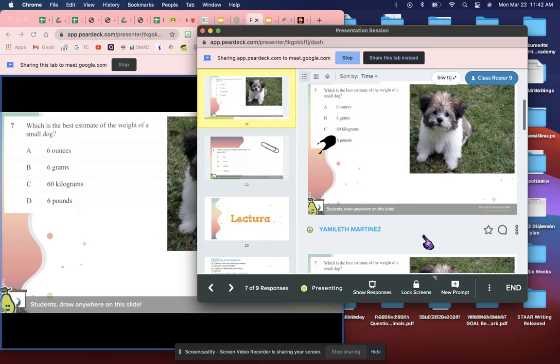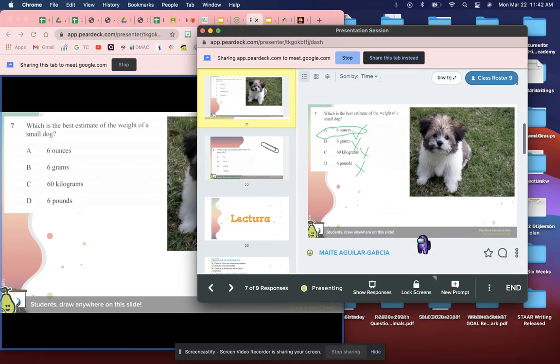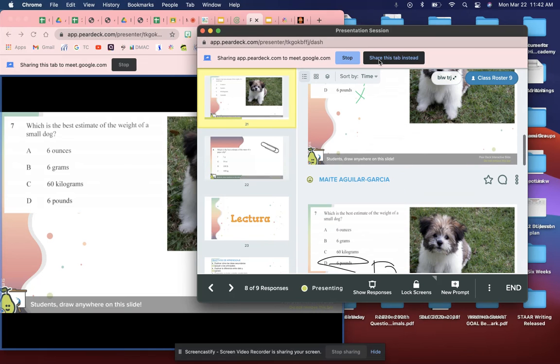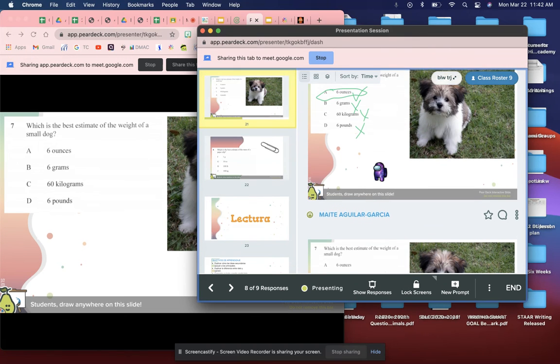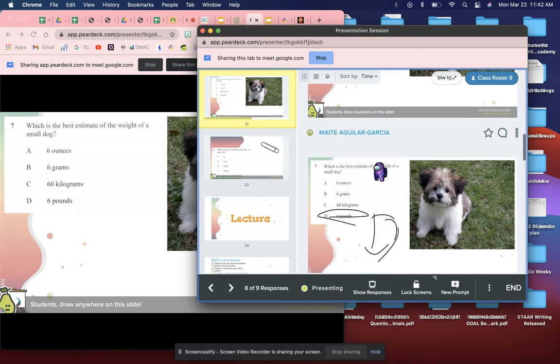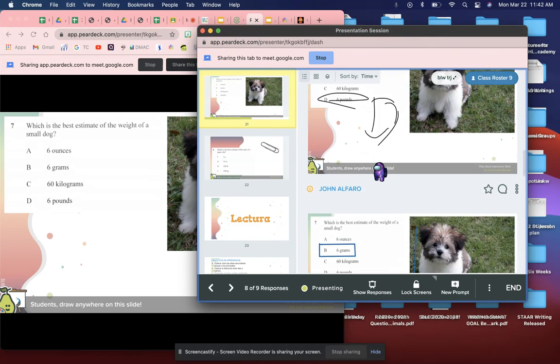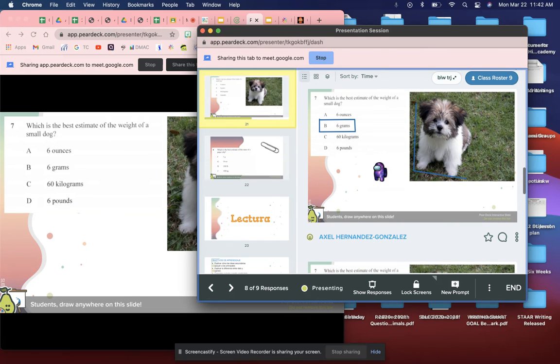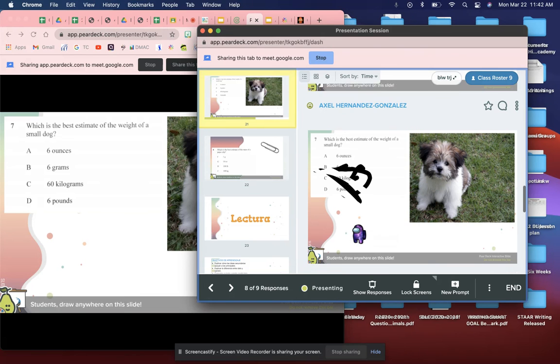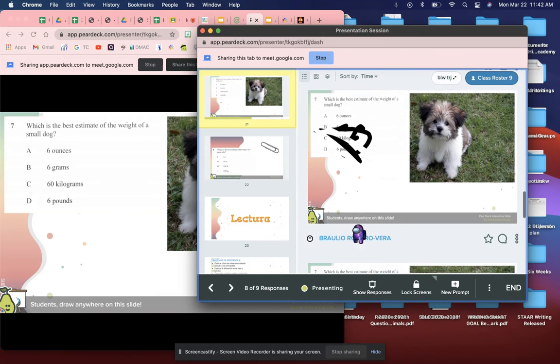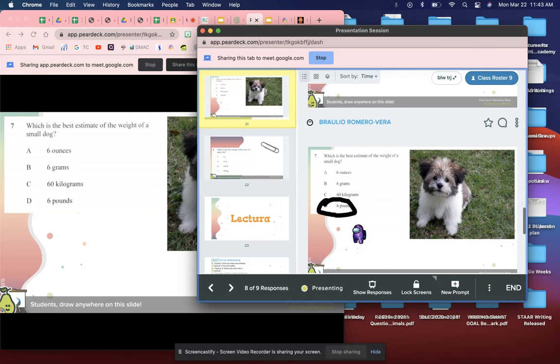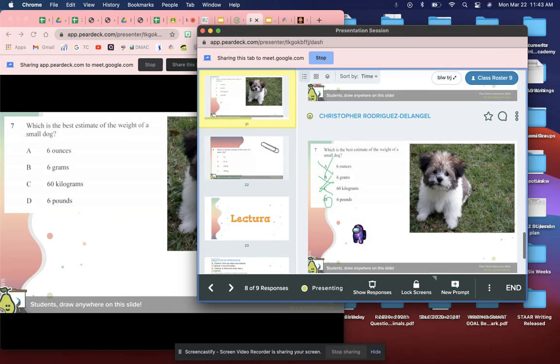Good job, Jamilet. Can you show us maybe? Yes. Be careful, Maite. Ounces es un pedacito de pan. Good job, John. Axel, grams es de Mexico. Remember, we're looking for weight. Good job, Christopher.